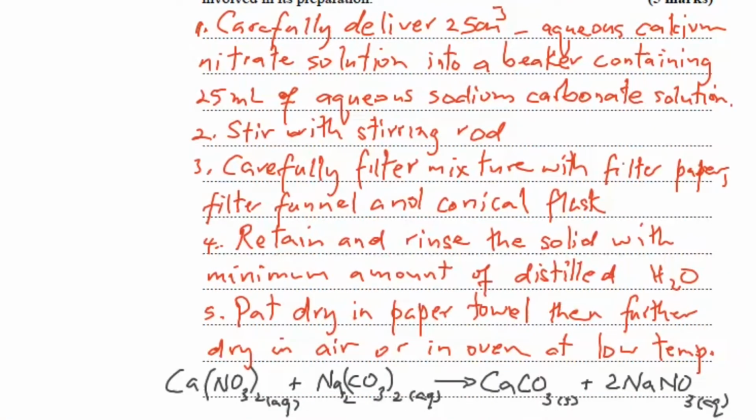Of course, we would have to include the equation to get the remaining marks. And this is the balanced molecular equation. If we had the ionic equation, that would be fine, but this is more complete.